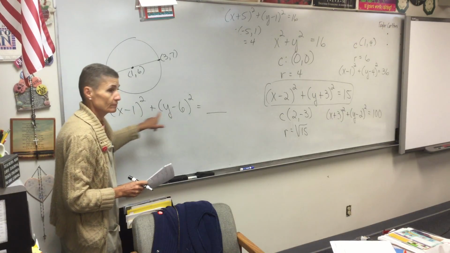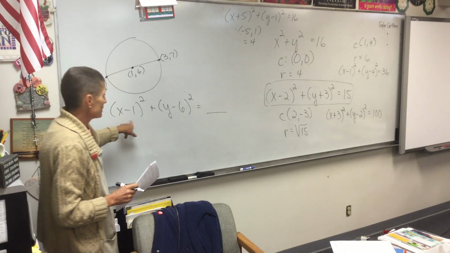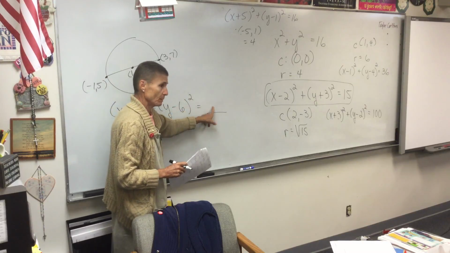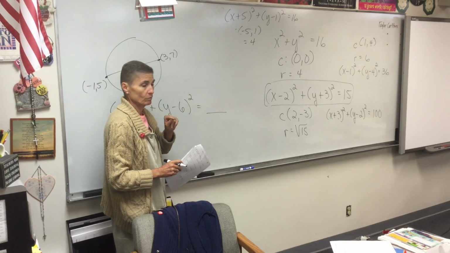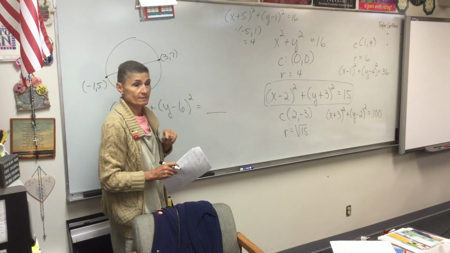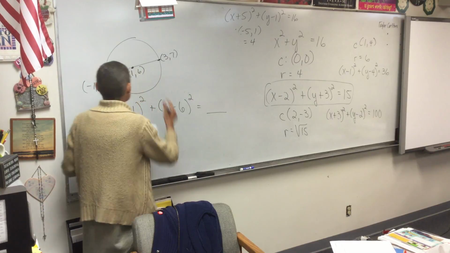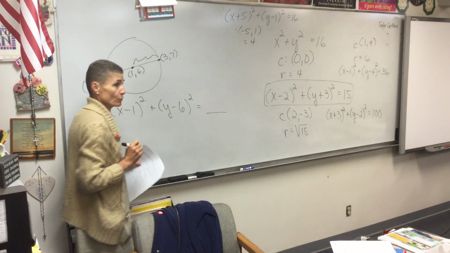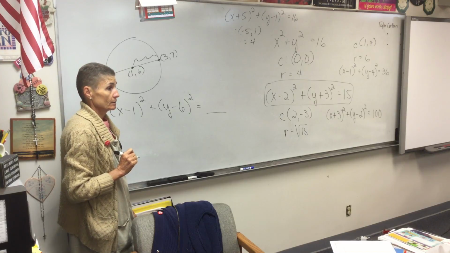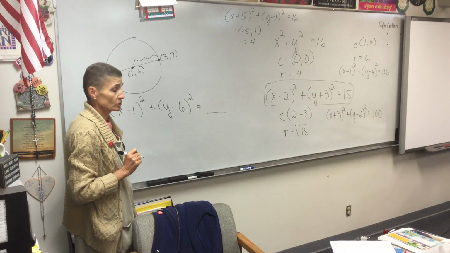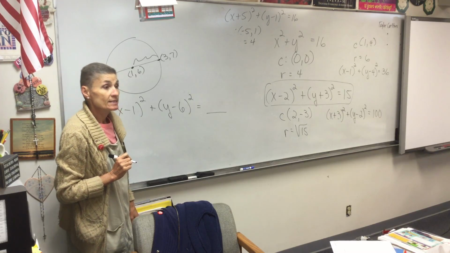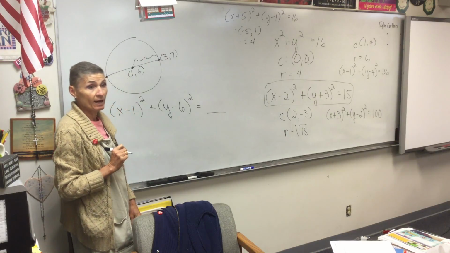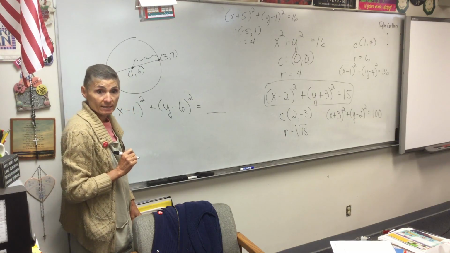Here's my center. Now, in order to fill in this blank, what do I need to know? The radius. This would be a radius. Would you agree with me? I don't know what that is. So what am I going to have to do? Distance formula to find the radius.